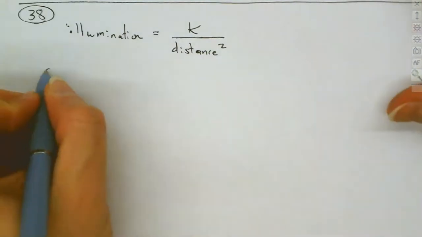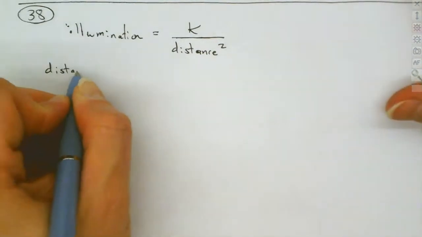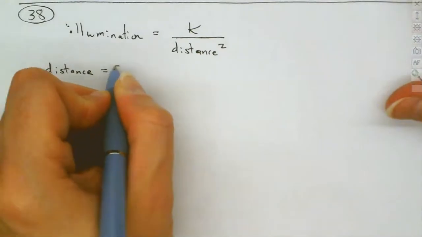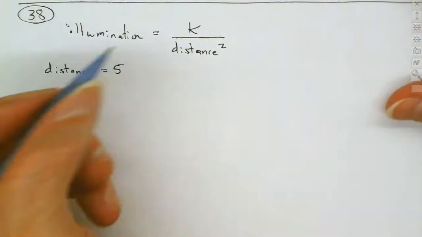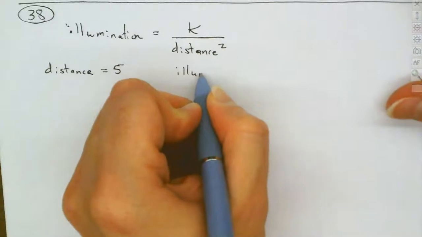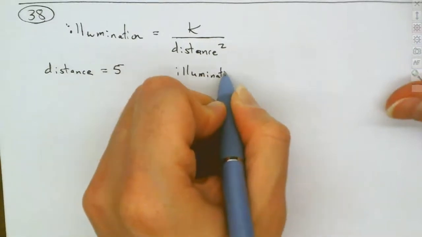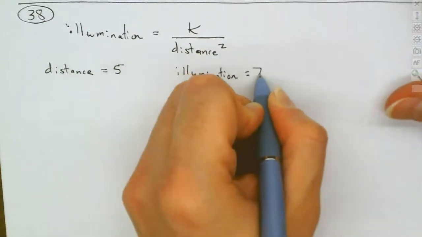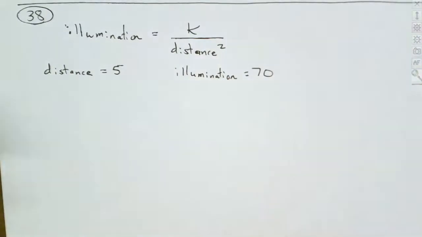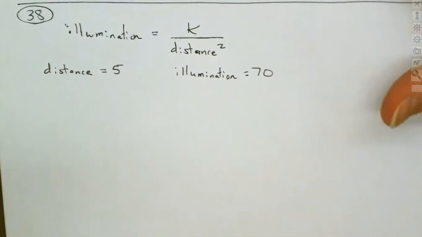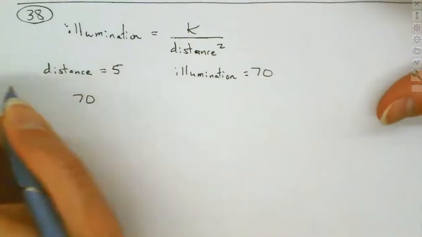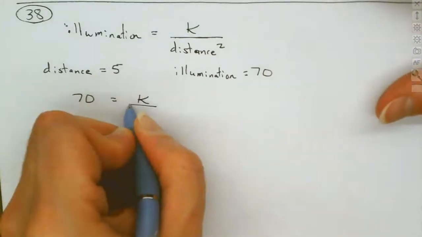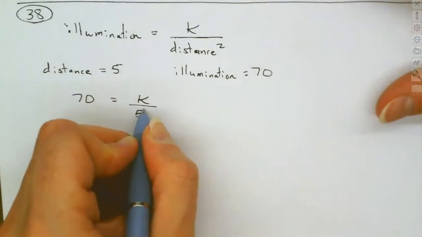So the distance is going to be 5, and the illumination is 70. And we're going to plug our values back in. So that gives you then that 70 equals K over 5 squared.